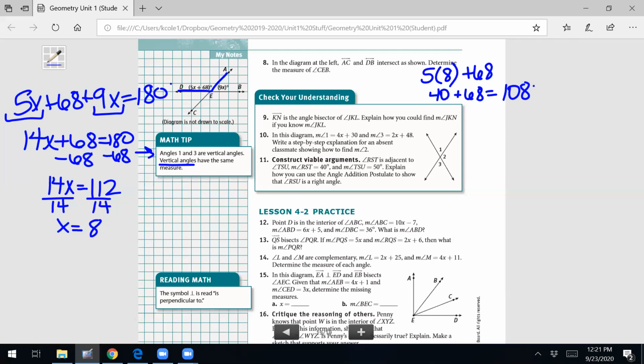All right, ray KN is a bisector of angle JKL. Explain how you can find the measure of angle JKN if you know the measure of JKL. We know JKL, that's the big angle. How are we going to find one of the smaller angles?